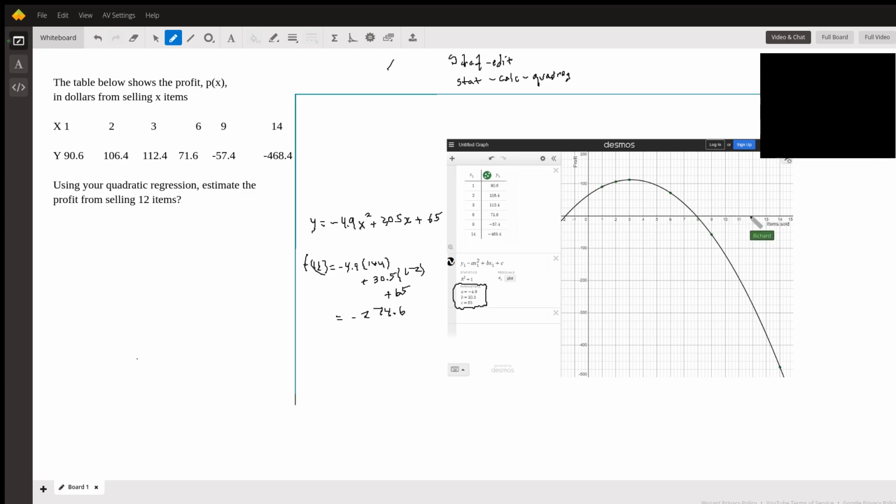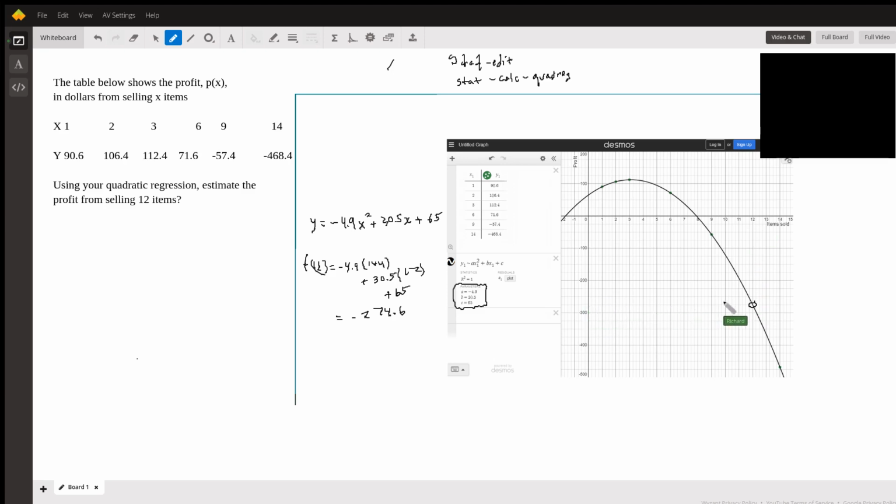If you look on the graph here, here's 12, which is what we're being asked for, and you can see the point of interest is right here. So it would be 12, and then this negative 274, you can see this is 225, 250, 275.